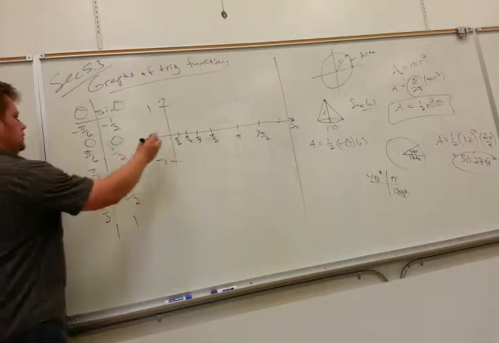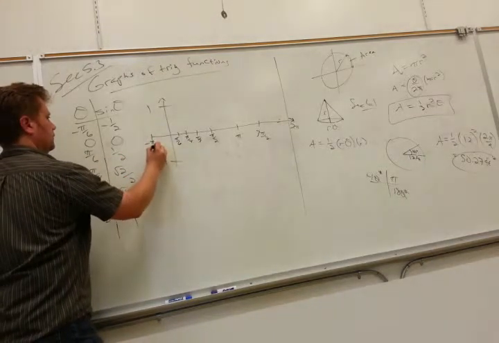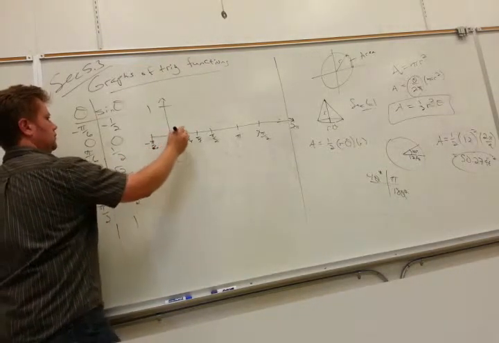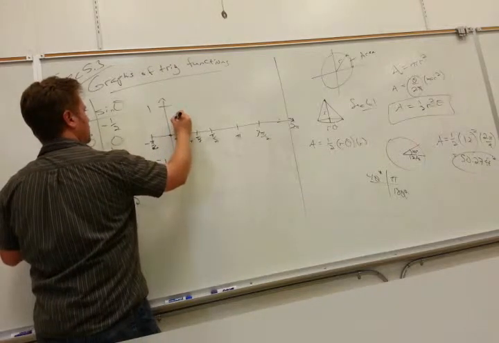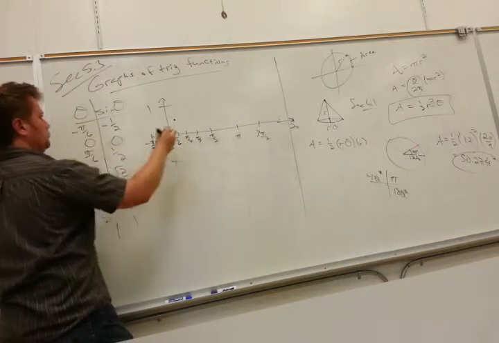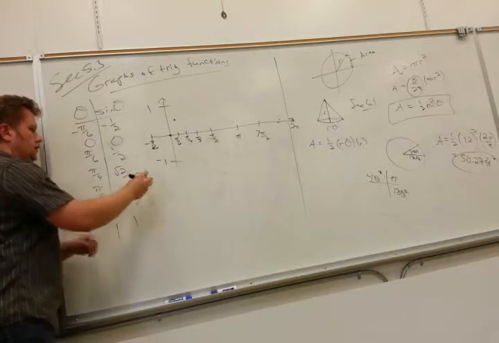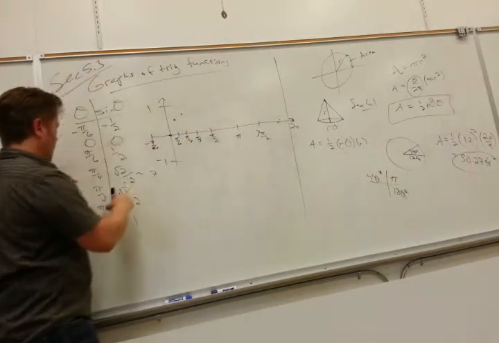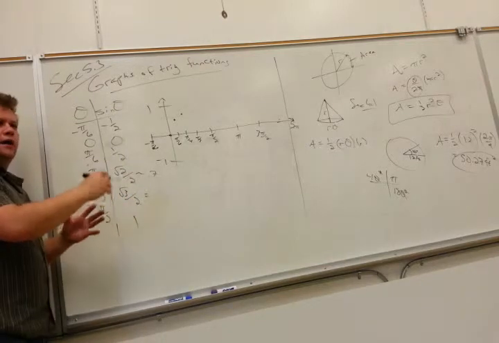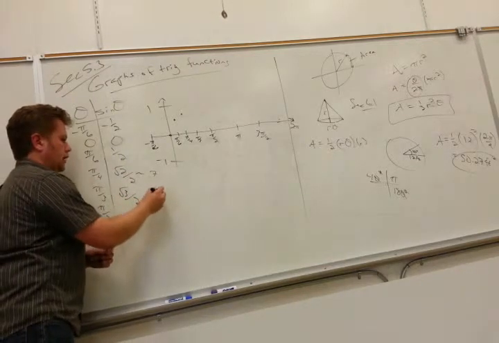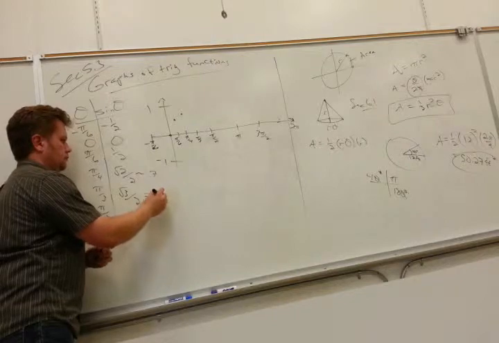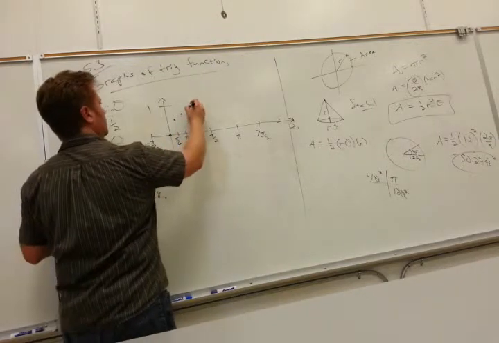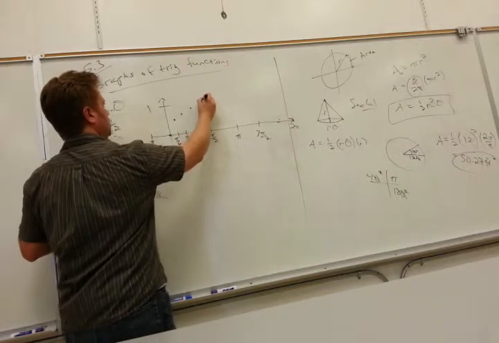So negative pi over 6, it's at negative 1/2. Then it's at 0. Pi over 6 is at 1/2. Pi over 4, it's at root 2 over 2, which is about 0.7. Pi over 3, it's root 3 over 2, which is about 0.8 something. And pi over 2, it's at 1.